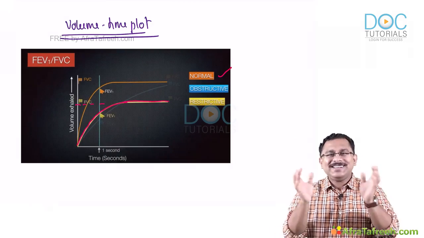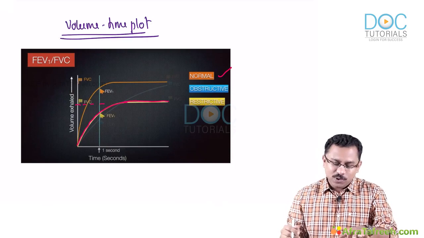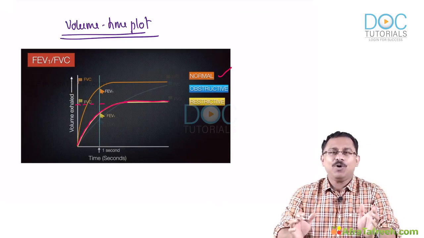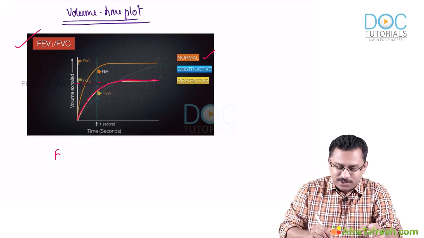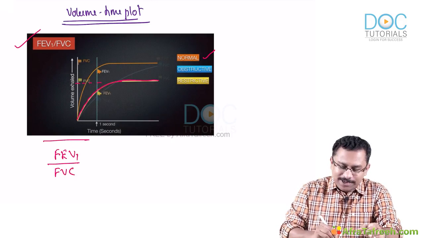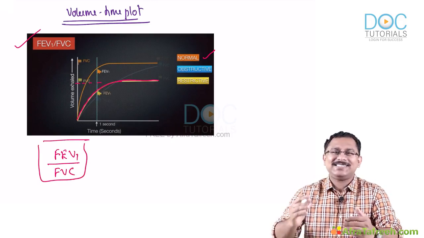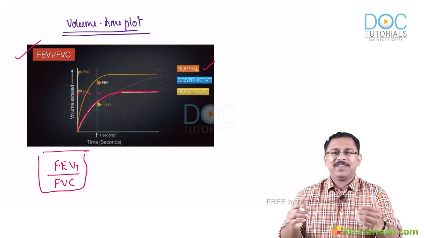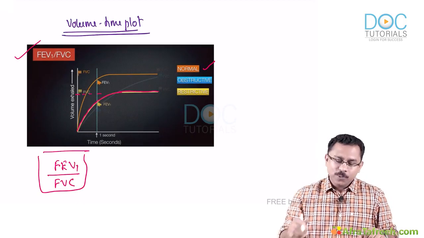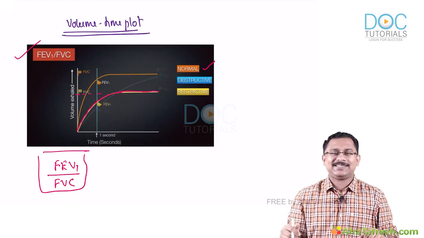Okay, but the only thing is that this is very small. So the point I want to tell you is about your FEV1 to FVC ratio. See what happens in your interstitial lung diseases is, you will have an FEV1 reduction, you will also have an FVC reduction.